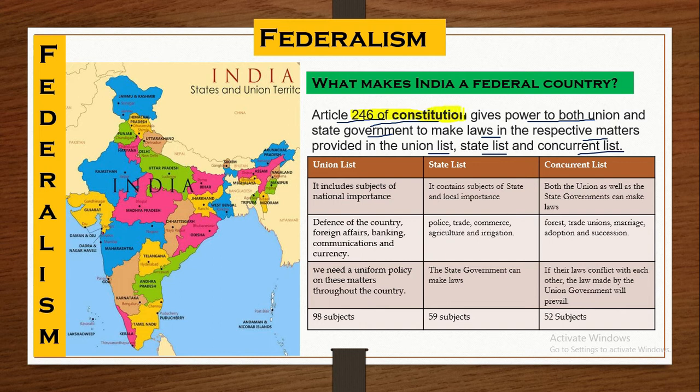Even in 245 there is a provision, but 246 clearly discusses the power of both the union as well as the state governments to make laws on the subjects provided in the union list, state list and concurrent list. Now we already discussed what a union list, a state list and a concurrent list are.